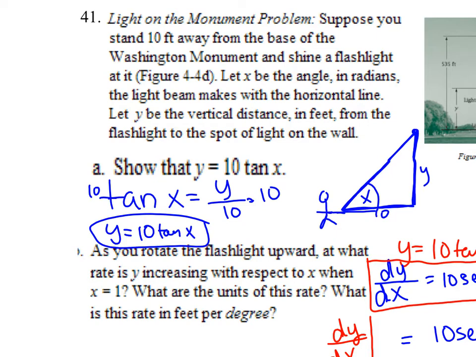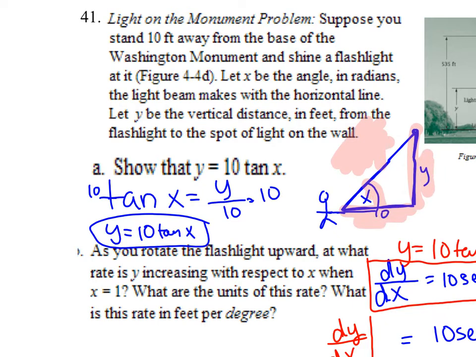So you draw your little triangle, and we are 10 feet away. This is supposed to be the height, and x is supposed to equal the angle. We don't know what the hypotenuse is. From SOHCAHTOA, tangent is the only one that has both the opposite and the adjacent of x.